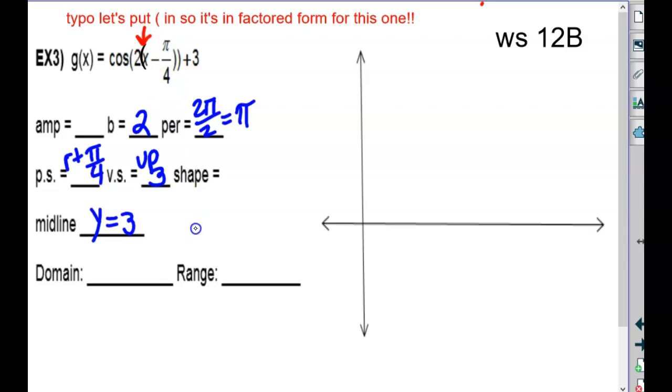Martin. Yep, the 1 out here in front would just tell us the amplitude is going to go up 1, down 1. Adriana, right? What's the shape? Yes, good job. Goes down, back up.